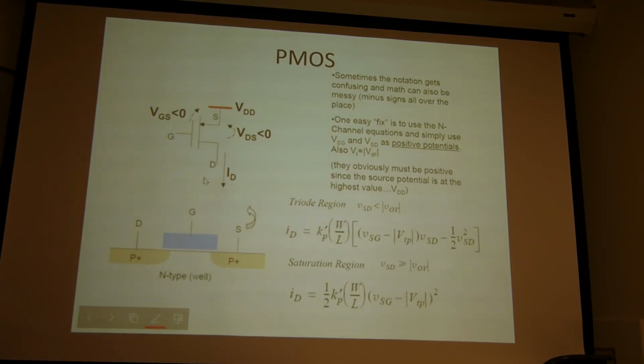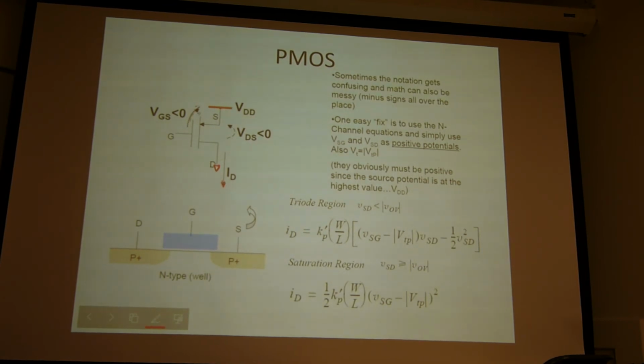For example here, this side is attached to the power supply VDD, and this bottom side is ground. So the definition of the source and drain is also reversed. If you recall the NMOS, the current flows from the drain to the source. However, in the PMOS here, the current flows from source to the drain.